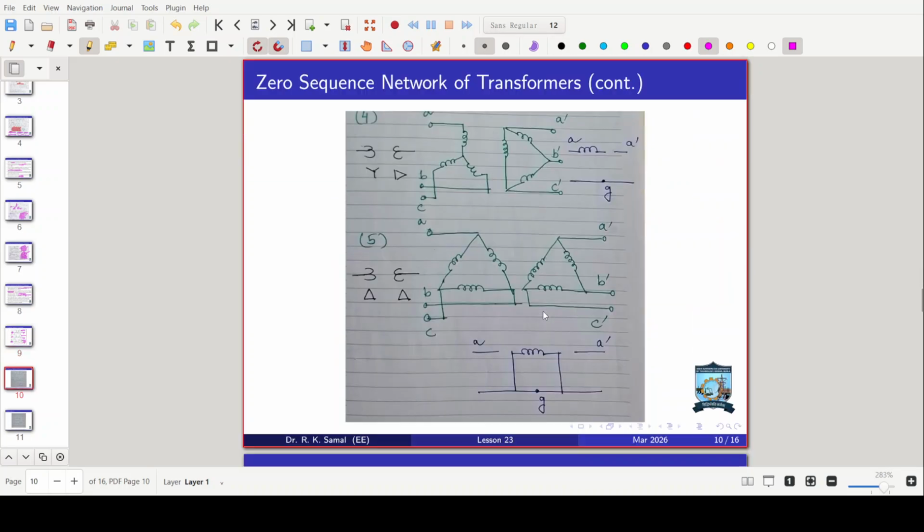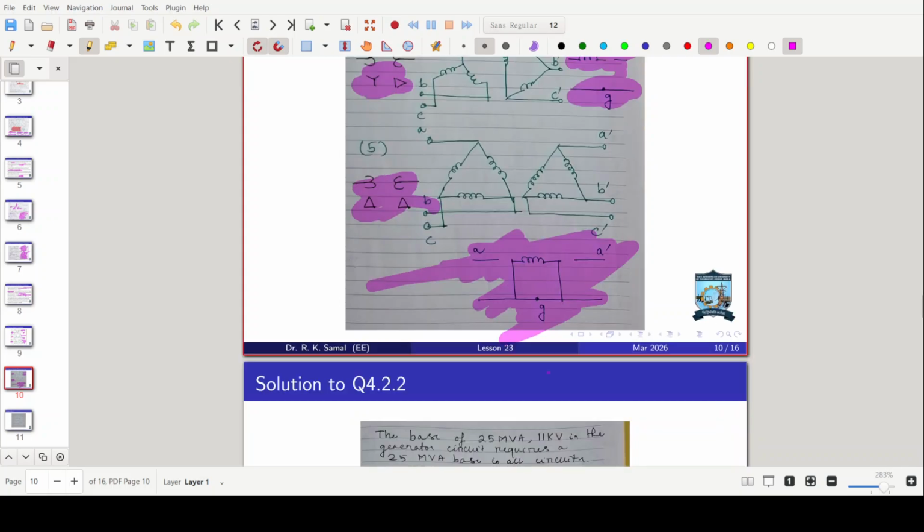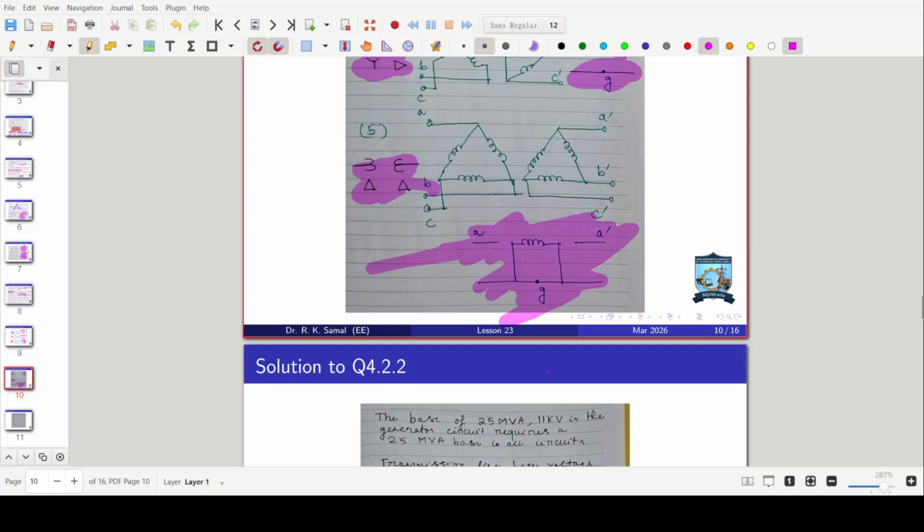Then this case is star delta with no grounding, and this is the sequence network. Similarly, this is delta delta with no grounding, and hence this is the sequence network. What is the significance? The significance is that during unsymmetrical fault computation, you need to use these particular connections for sequence networks.